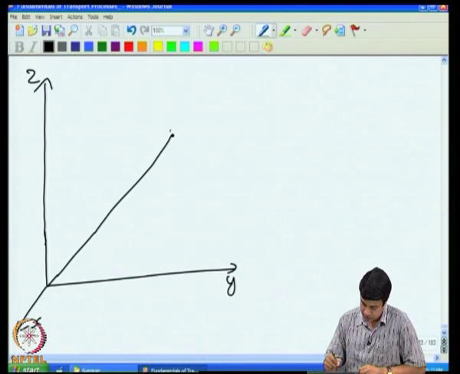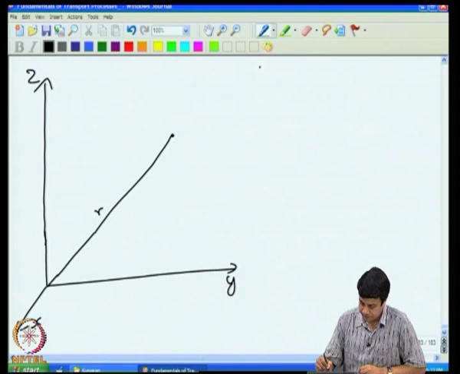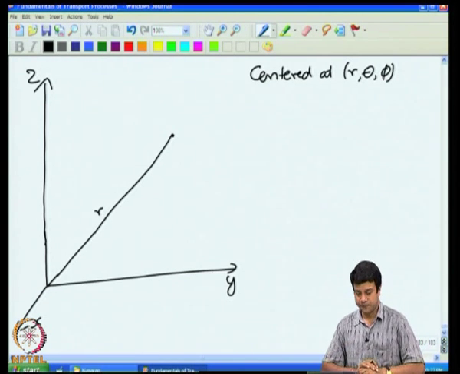So, this total distance is r. Now, my differential volume is centered at the location r, theta and phi.